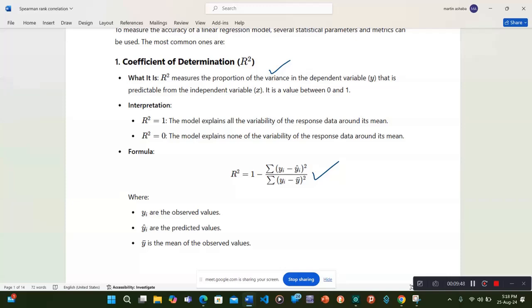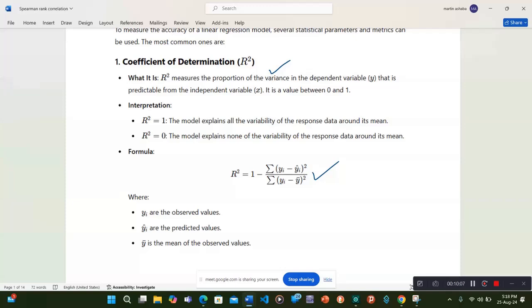So r squared is equal to 1 minus the sum of y minus the predicted value of y, squared, divided by the sum of the variance.